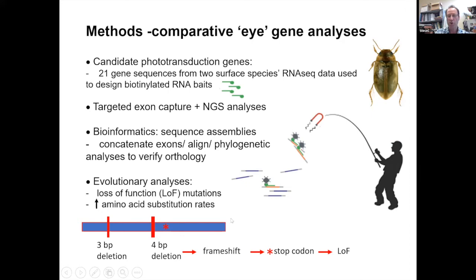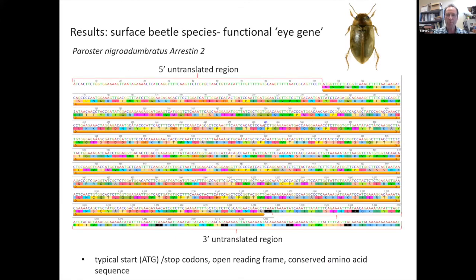We also did evolutionary analyses to look at the rate of evolution of amino acid substitutions in these particular genes. So if you have one of these genes from a surface species, you expect to find a nice untranslated region, a methionine at the start of the gene.